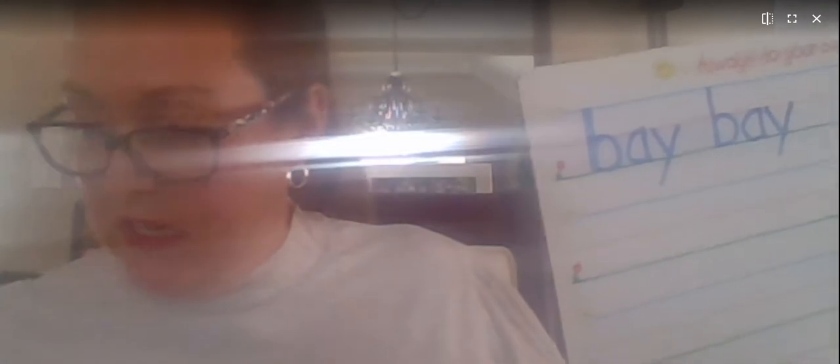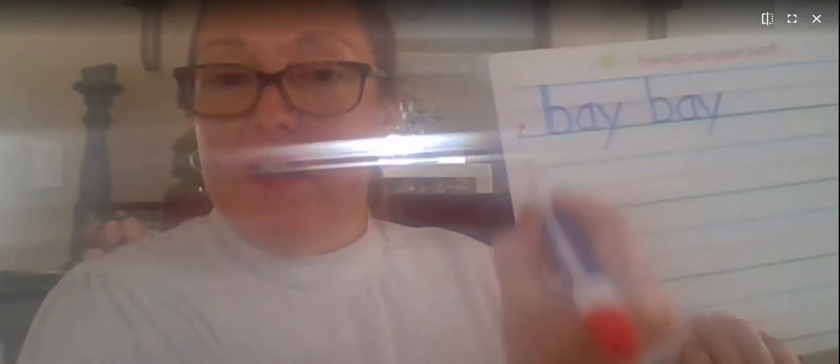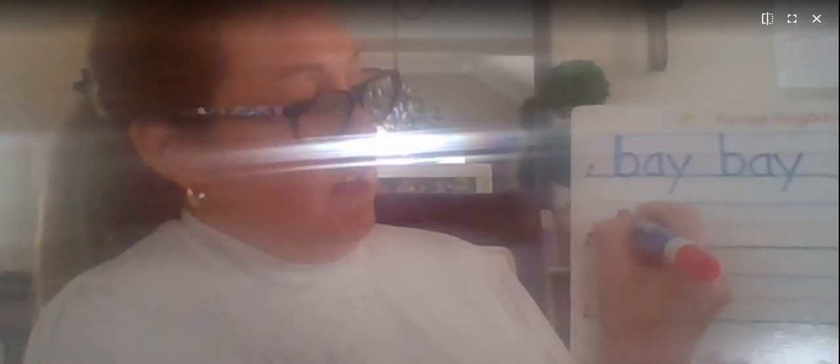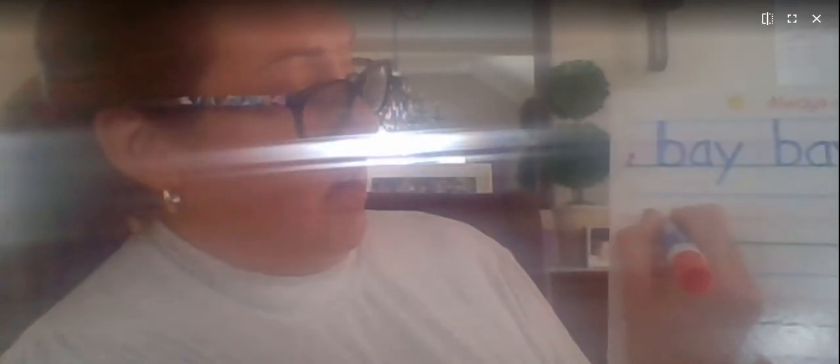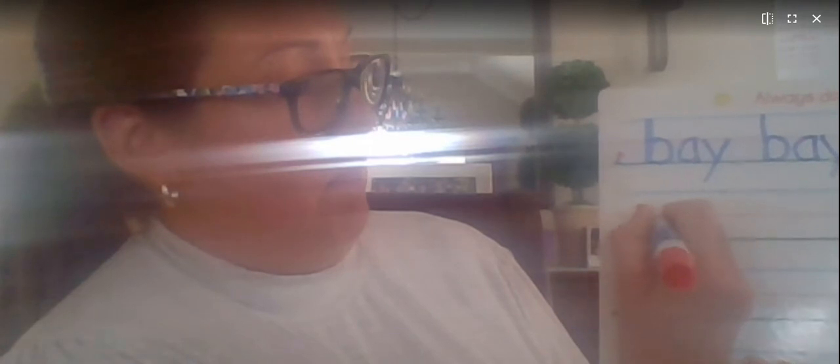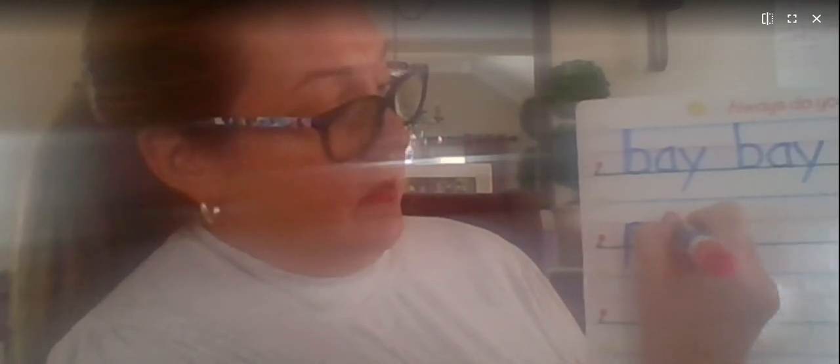To write pain, I'm going to say for P, down, up, and around. I'm going to start here at the middle line and go down, up, and around. A, remember, it's around like a C and close down.